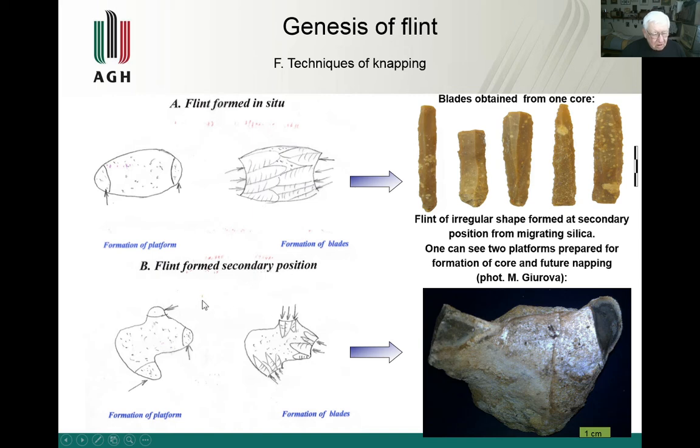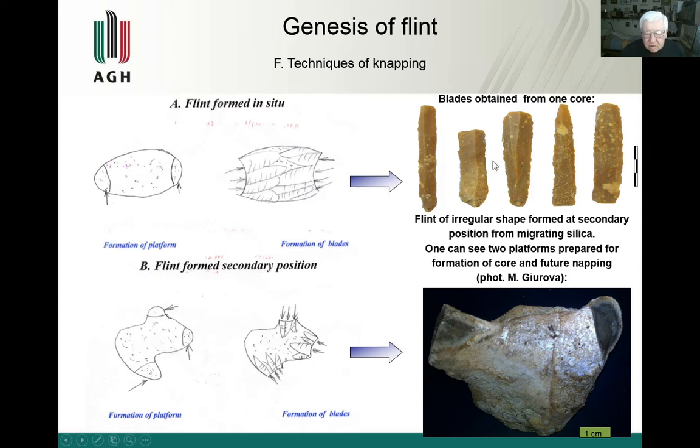And in flints of secondary origin, very often prehistoric men obtained cores working from various directions, there and there and there. They feel the material, let's say.